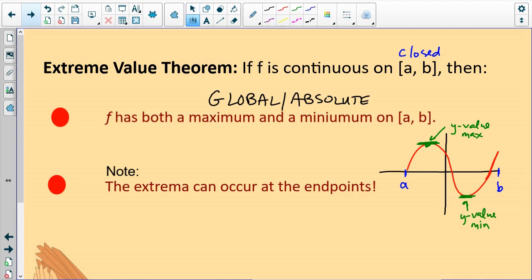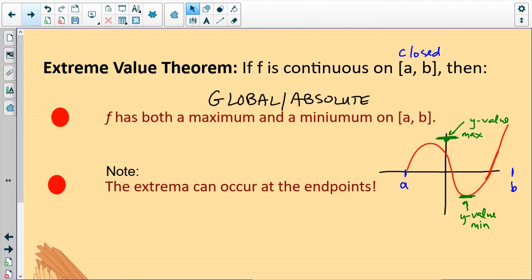So if I just change this graph slightly, and I make it look like this, and I move b slightly to the right, then I no longer have the absolute max where it is. I would have to relocate the absolute max up here. The y value is still true, it's just off the screen now.